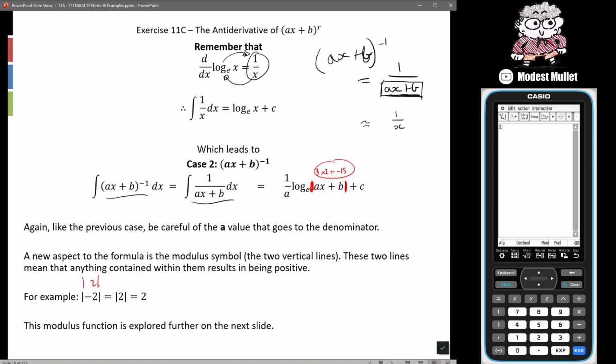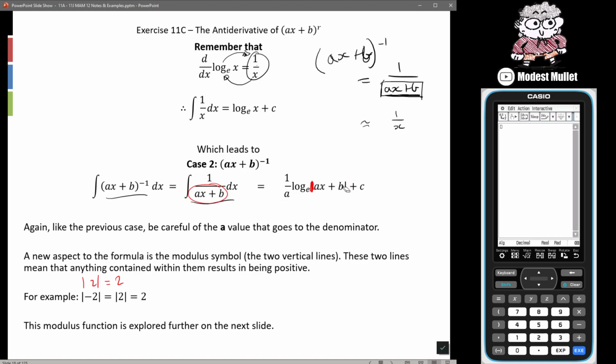The modulus of 2 is already positive, so it stays as 2. The modulus of negative 2 becomes positive, so it becomes 2. So that's what those signs mean. The antiderivative of 1 on something is 1 on the coefficient, log e of the absolute value of what the original bottom bit was.